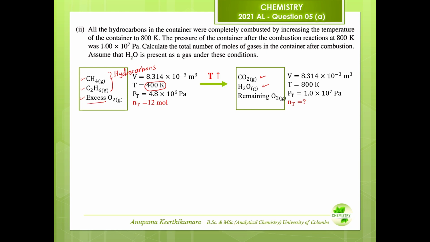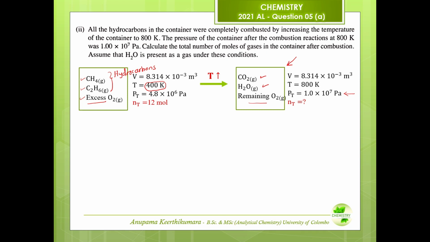And therefore, at 800 Kelvin, remaining oxygen gas was present in the container. Then this total pressure is due to the produced carbon dioxide, produced H2O gas and the remaining oxygen gas. Now we need to calculate the total number of moles in this system.